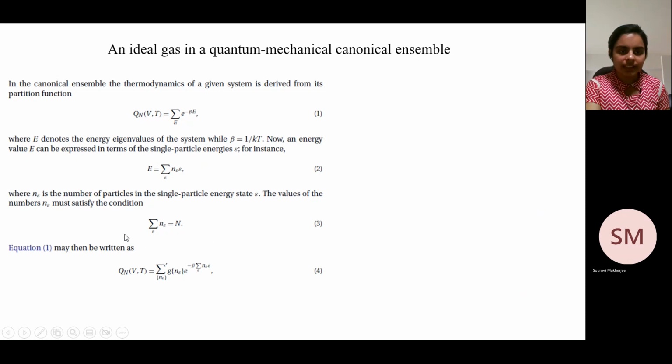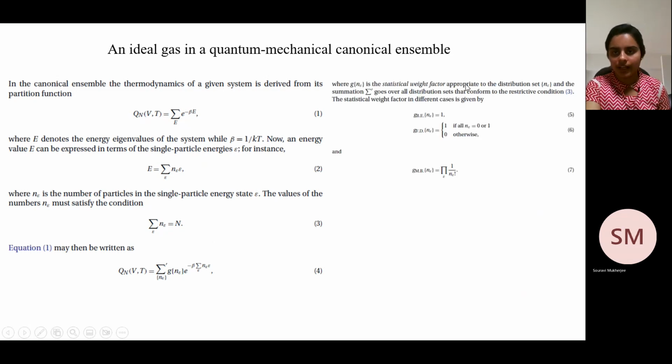Here, what's interesting is that depending on the type of particles, we can assign some statistical weight factor. For the Maxwell-Boltzmann distribution, where the particles are distinguishable, the statistical weight factor is the product over all epsilon of 1 by n_epsilon factorial.